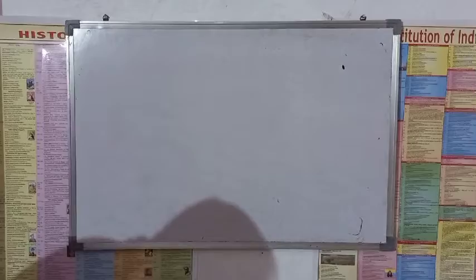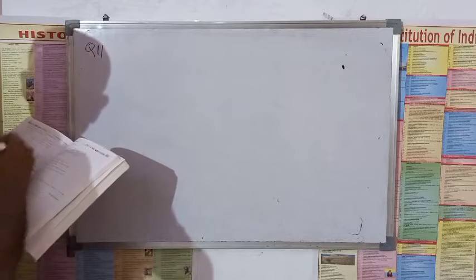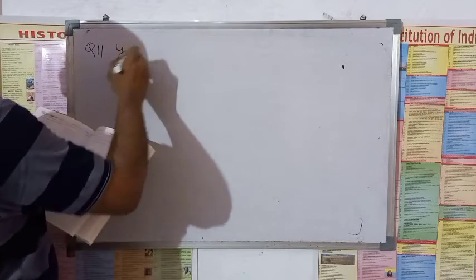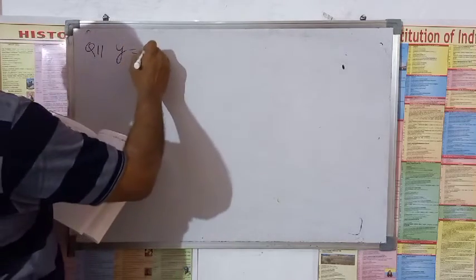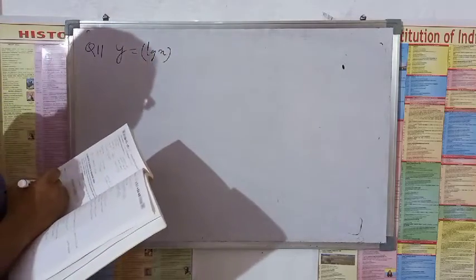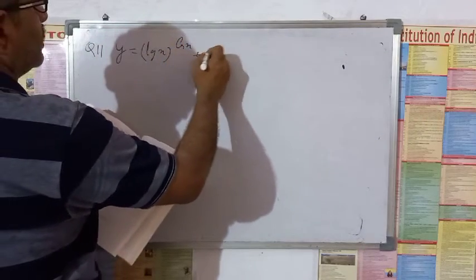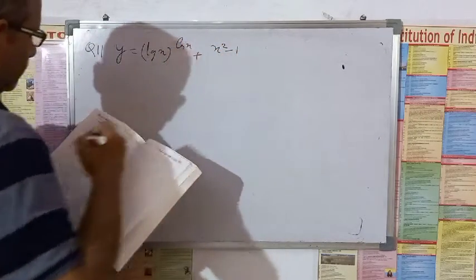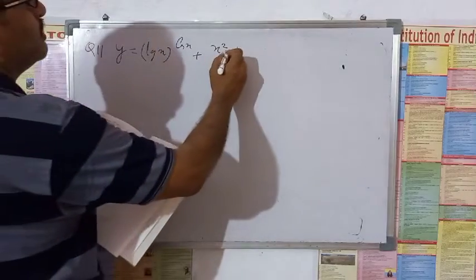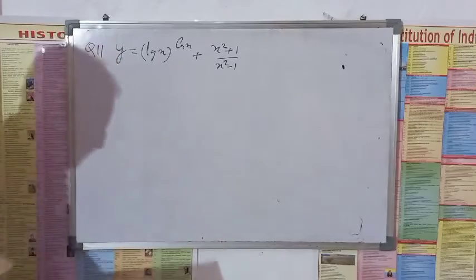See 11th question. It is given y is equal to (log x)^(cos x) plus (x square plus 1) upon (x square minus 1).